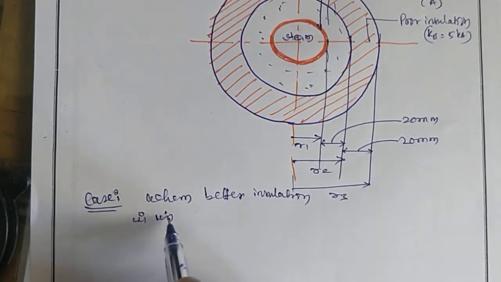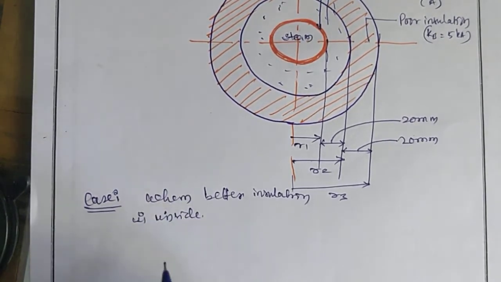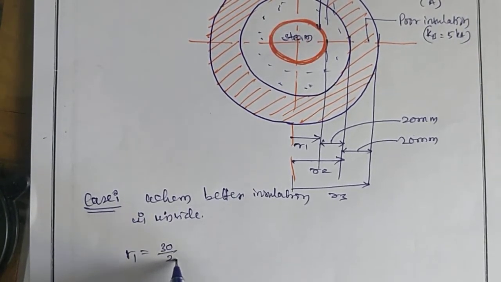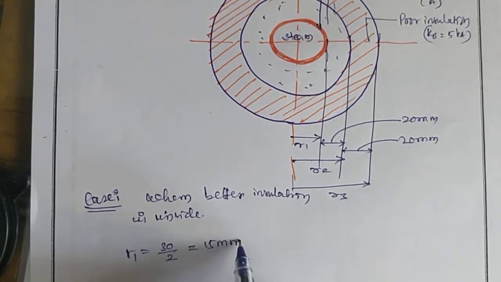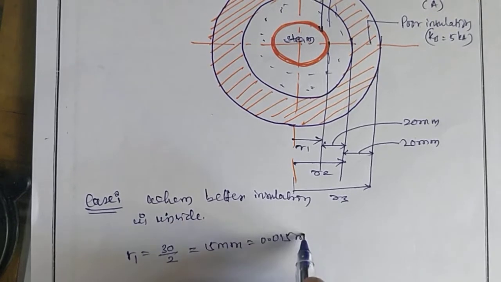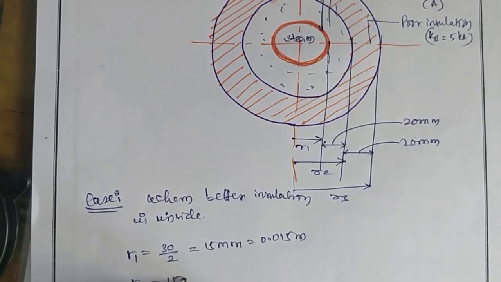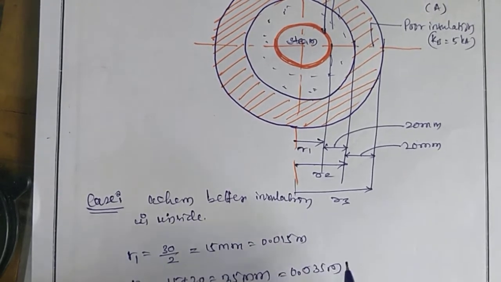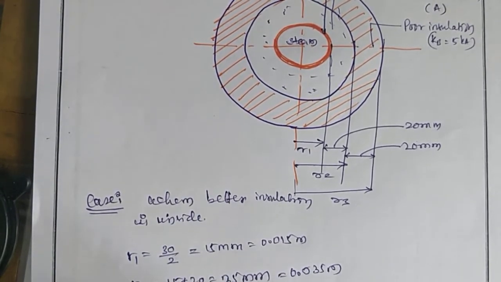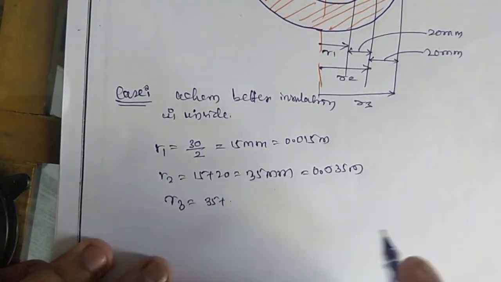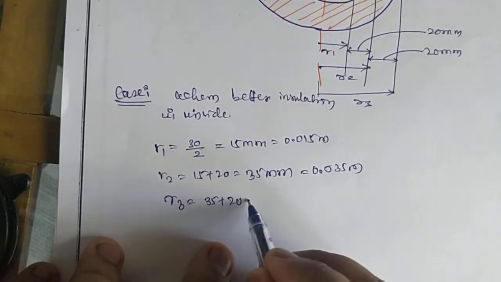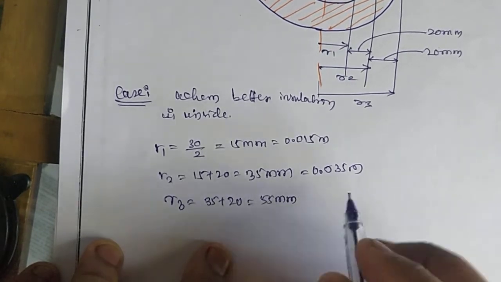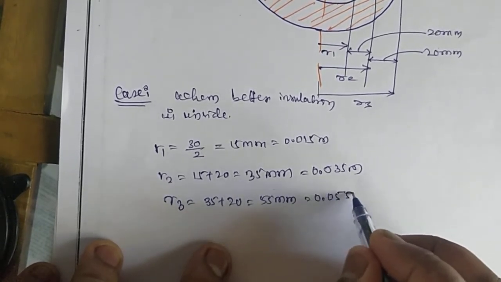From this figure we can write R1 is equal to 30 by 2, which is 15 mm, that is 0.015 meter, and R2 is equal to 15 plus 20, that is 35 mm, or 0.035 meter, and R3 is equal to 35 plus 20, which is 55 mm, that is 0.055 meter.